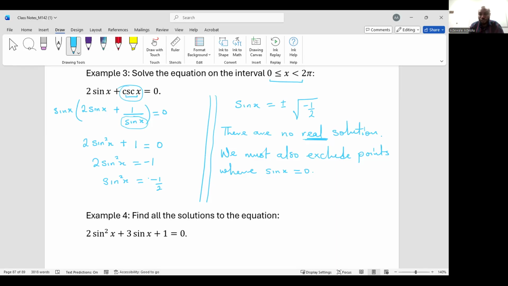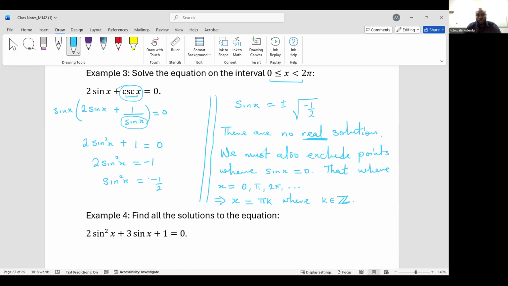So we should also remove those points, that is, where x equals 0, pi, 2 pi, 3 pi, so I can just say where x is pi k, where k is in the set of integers.